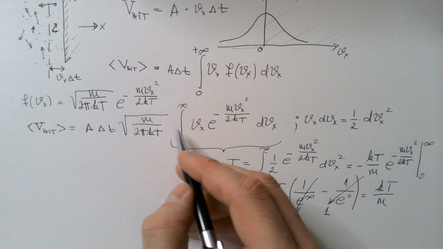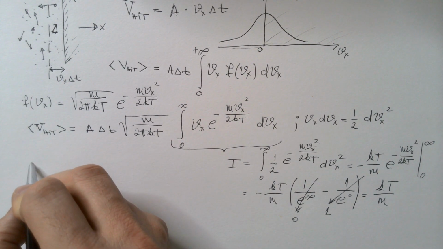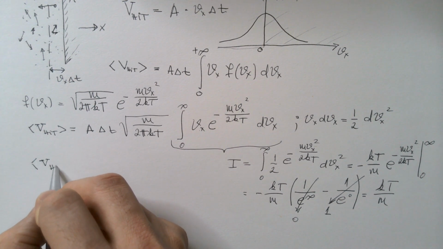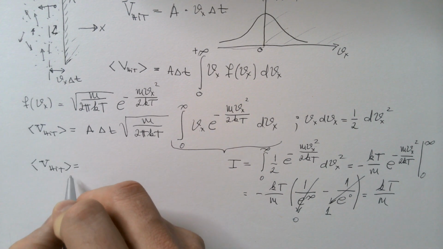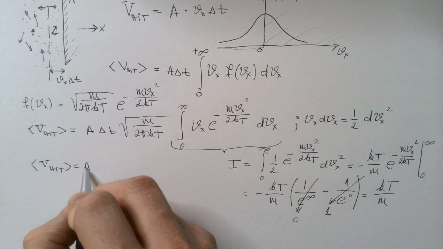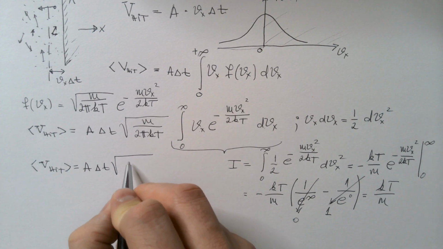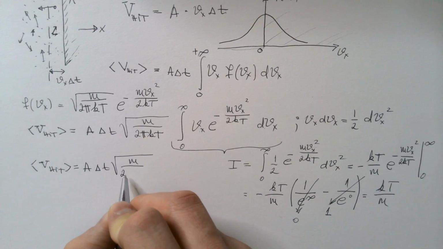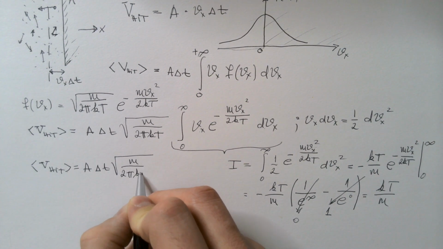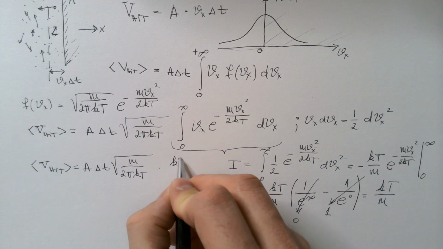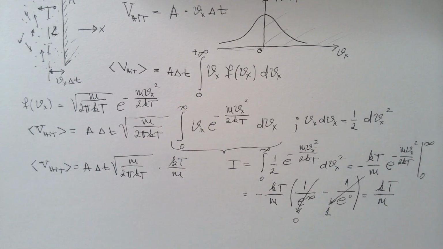Now going back to the beginning where everything started, the average volume of the heat is equal to A times delta T times the square root of m divided by 2 pi kT, times kT divided by m.